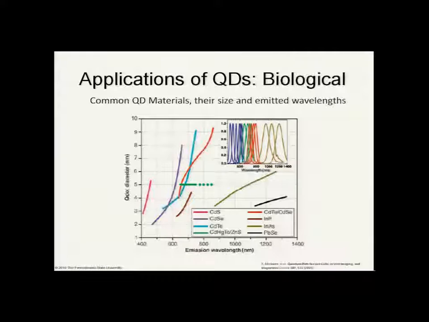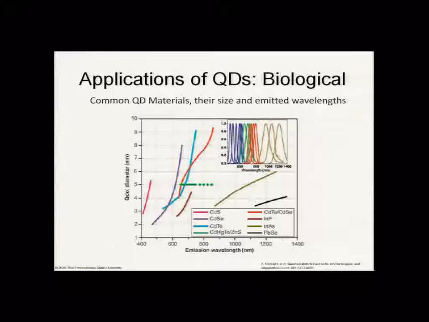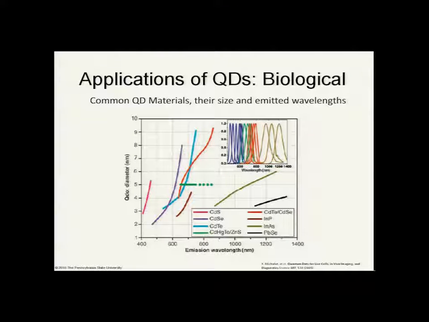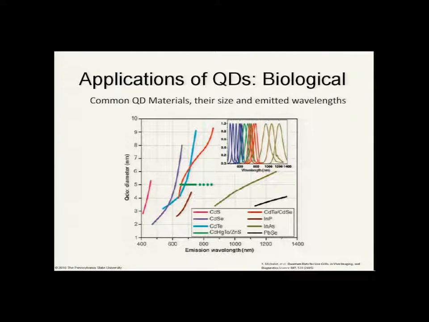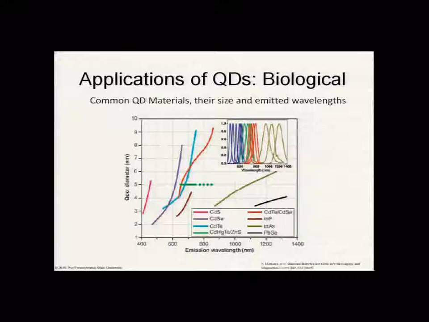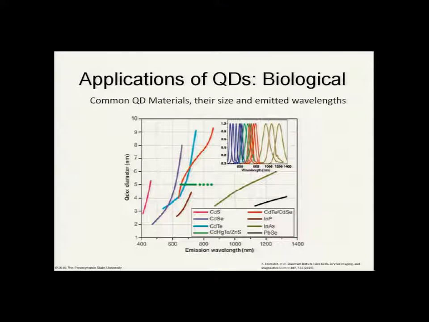And if we look at the top, we see the wavelengths of emitted light. So what we're showing here is that just by using different semiconductor compounds and a small range of size differences, we can cover the whole visible spectrum, and this makes these, again, excellent for biological tagging.